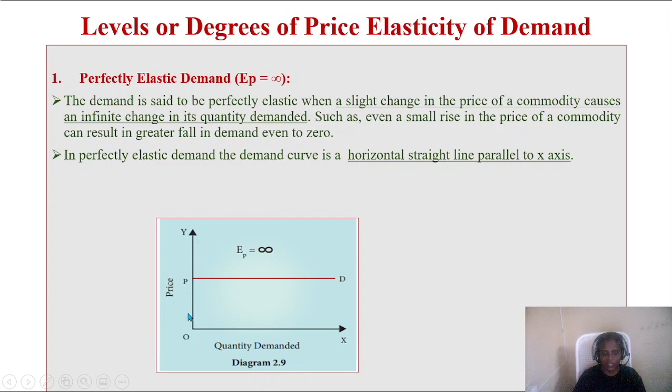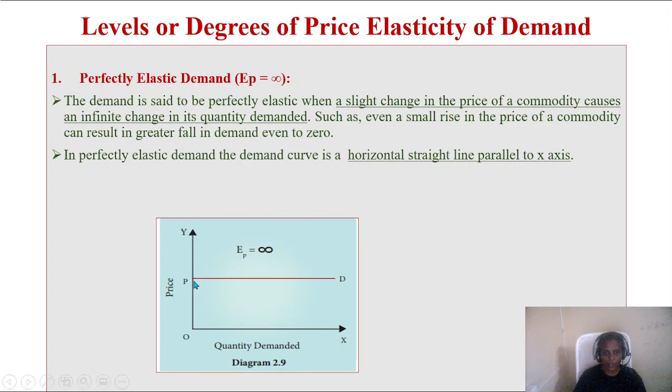Suppose the price level of gold is very high, from 0 to p. There are consumers who consume very little quantity, and there are consumers who consume more quantity even though the price is high.